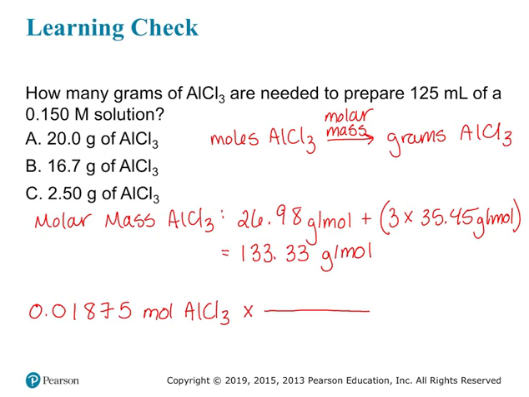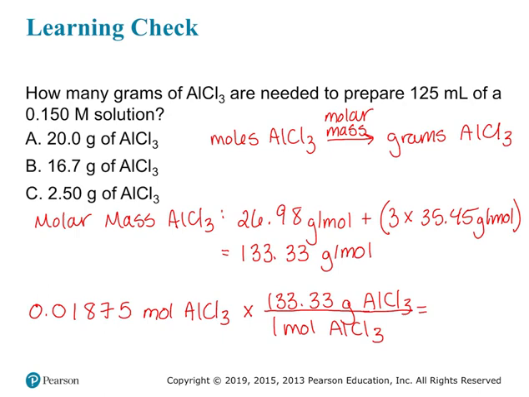So, do we want grams to be in the numerator or in the denominator of our conversion factor? The numerator. So we're going to put 133.33 grams of aluminum chloride in the numerator, and we'll divide that by 1 mole of aluminum chloride.